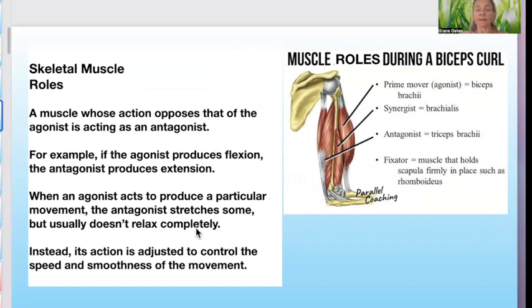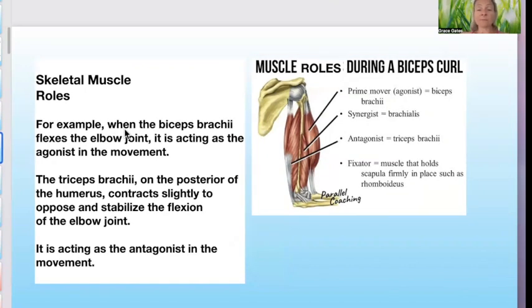Instead, the action of the agonist is adjusted by the antagonist controlling the speed and smoothness of the movement. For example, when the biceps brachii flexes the elbow joint, it is acting as an agonist in the movement. The triceps brachii on the posterior of the humerus contracts slightly to oppose and stabilize the flexion of the elbow joint. The triceps brachii is acting as the antagonist in the movement.